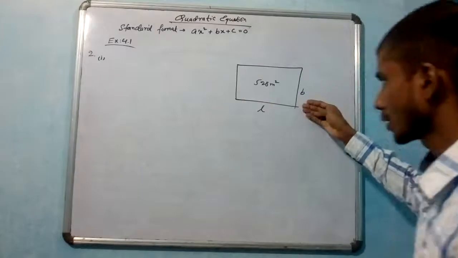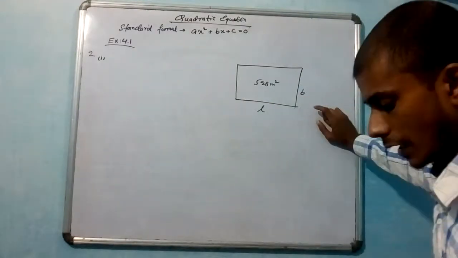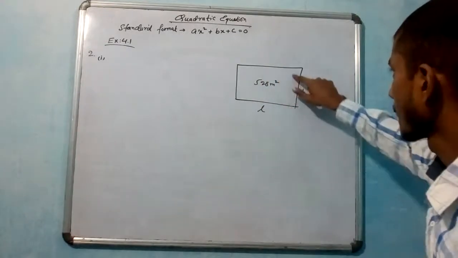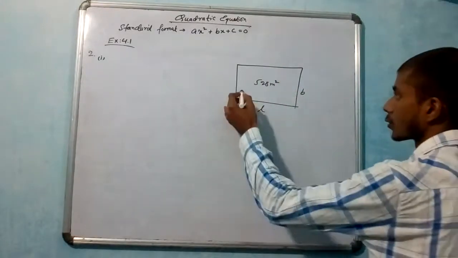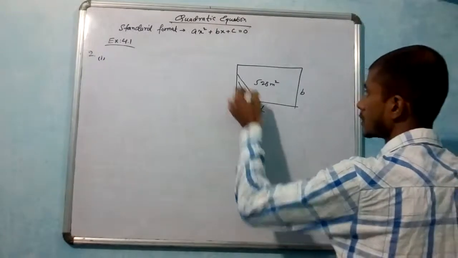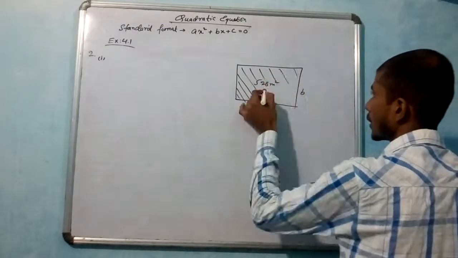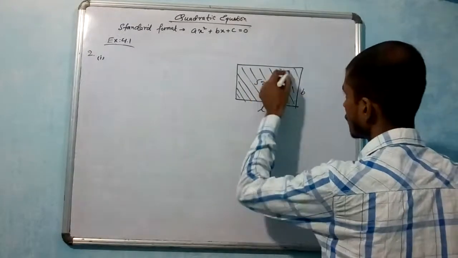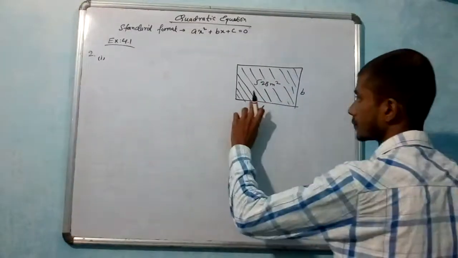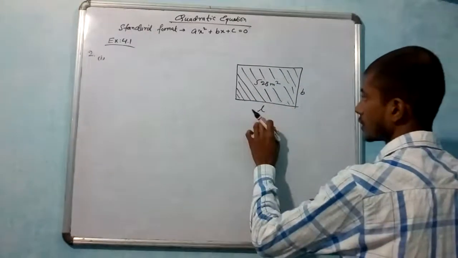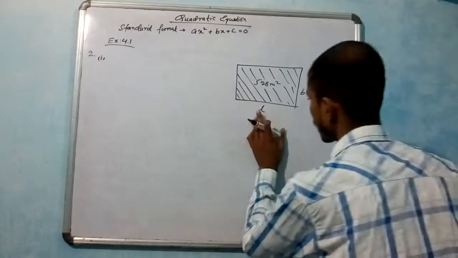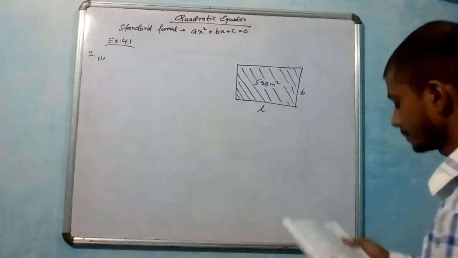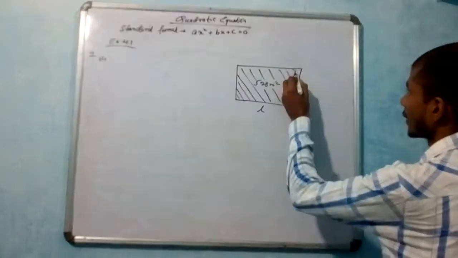The area means the region occupied by the enclosed figure, and this is 528 meter square. Since it is a rectangular plot, the longer side is called length and the shorter one is breadth. Don't go on this, all angles are 90 degrees.